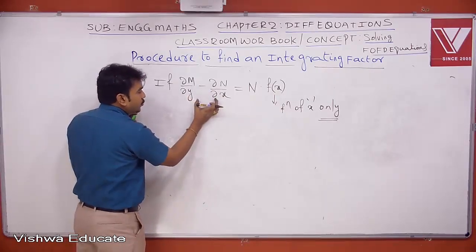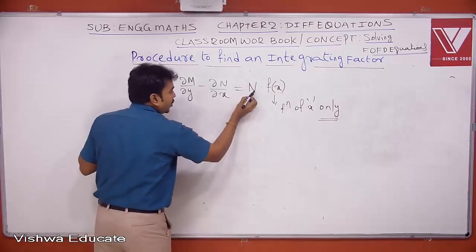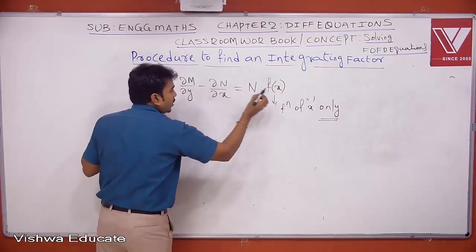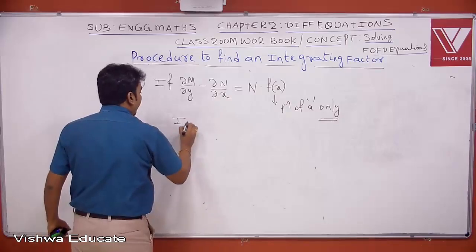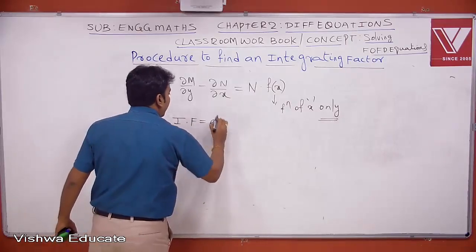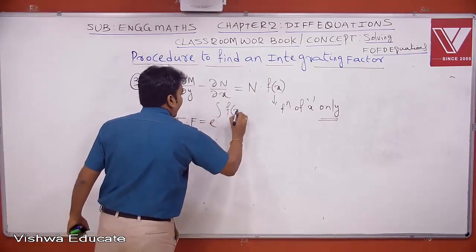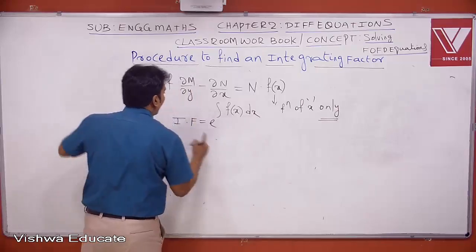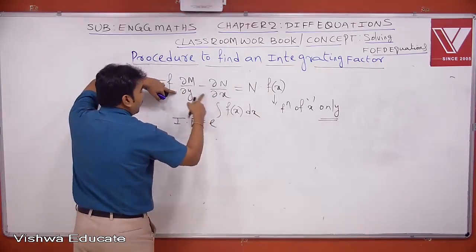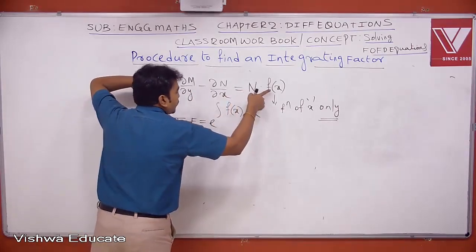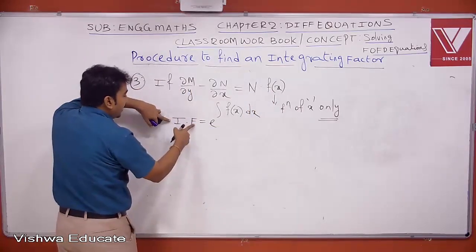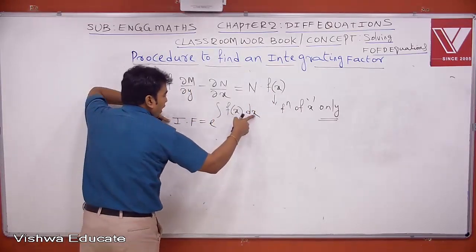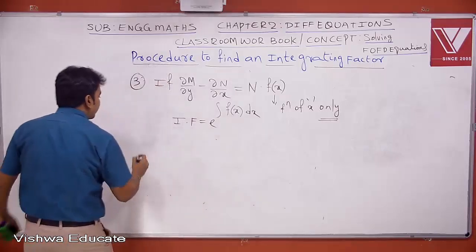If the difference of these two partial derivatives is n into f of x, purely a function of x, then my integrating factor is e power integral f of x dx. So if the difference of two partial derivatives is n times f of x, where f of x is a function of x only, then the integrating factor is e power integral f of x dx.